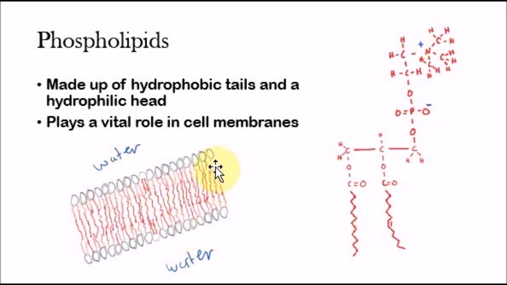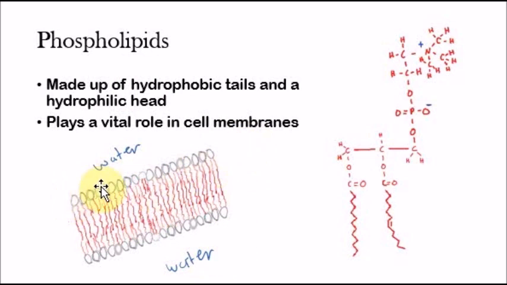All the hydrophilic heads will come on the outside and interact well with the water, and all the hydrophobic tails will congregate together and come on the inside. So now we have a very interesting membrane, because we have water on this side, we have water on this side, but we're able to separate that with all these phospholipids.